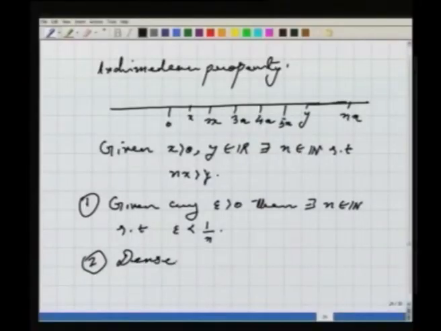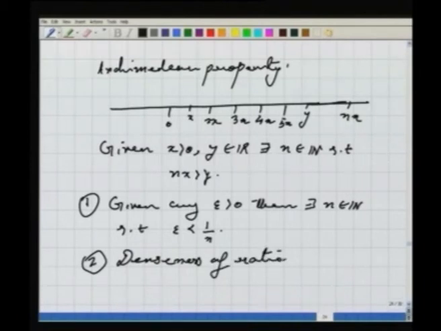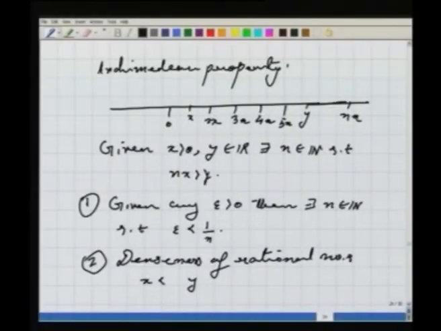This was a simple application of the Archimedean property. Then the second property was denseness of rational numbers. That is, given any two real numbers x and y, suppose x is strictly less than y, then there always exists a rational number r which lies between x and y.